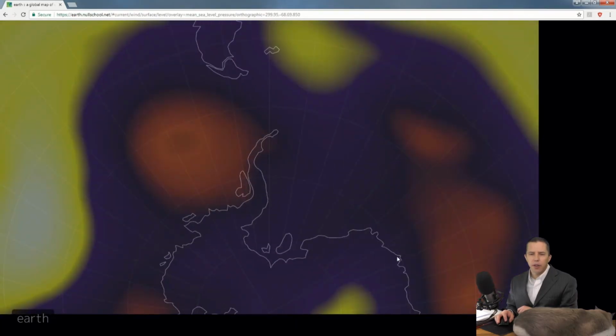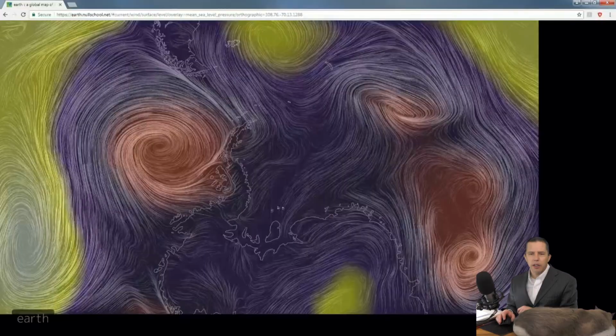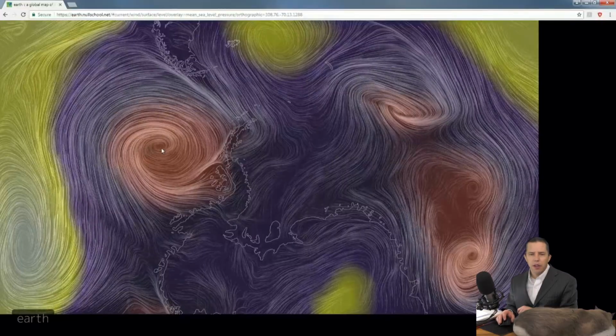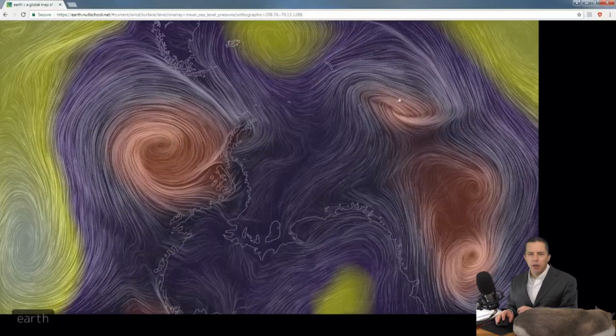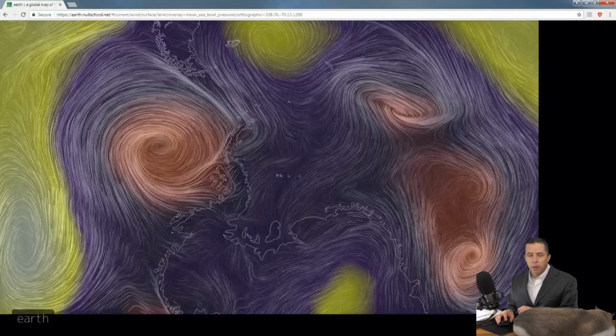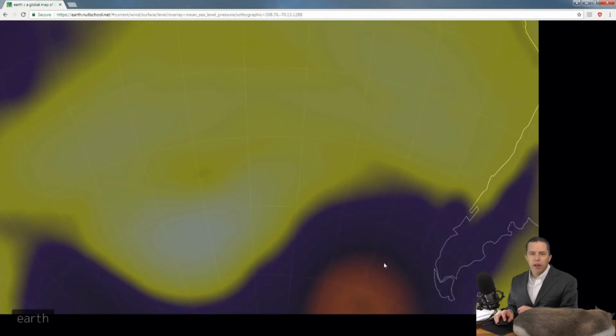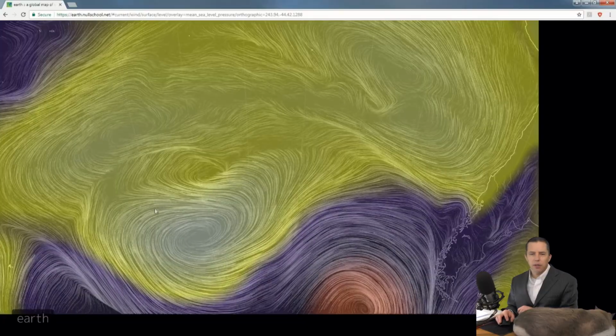In the southern hemisphere, I've got a bunch of low pressure centers down here by Antarctica. But notice this low spinning clockwise. Here's a low, clockwise. Here's a low, clockwise. That's the opposite of what we just saw. Or over here, here's a high, that white spot, counterclockwise.